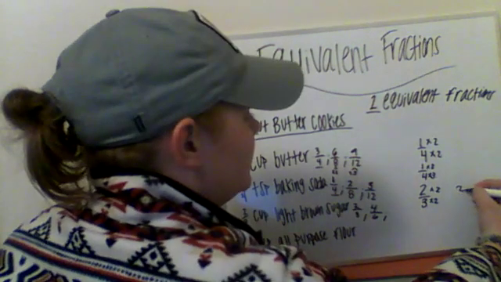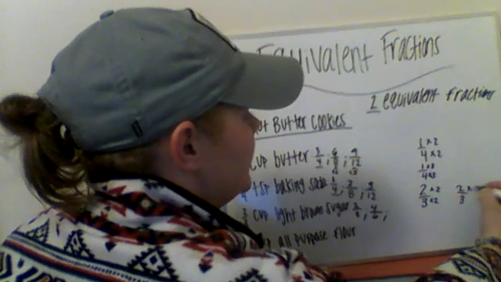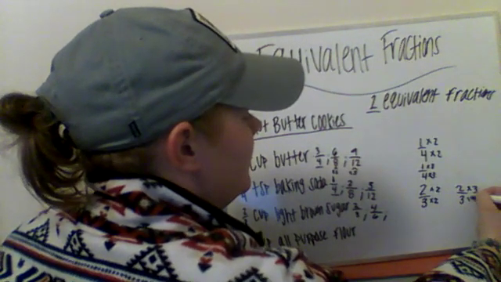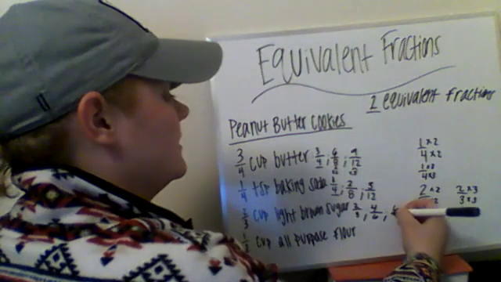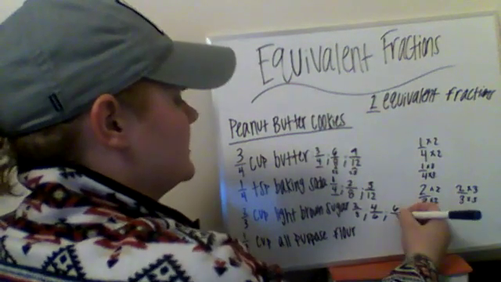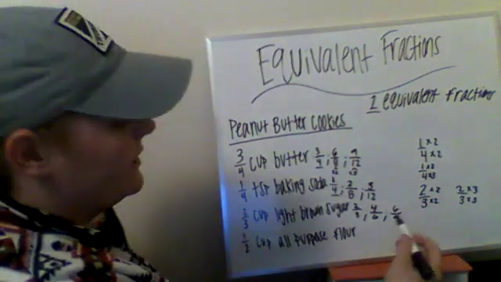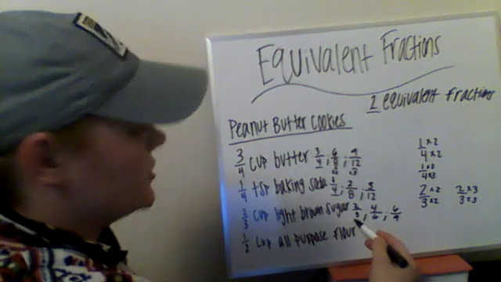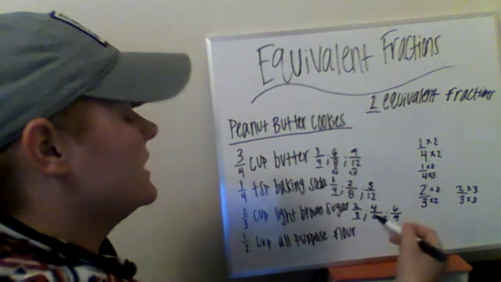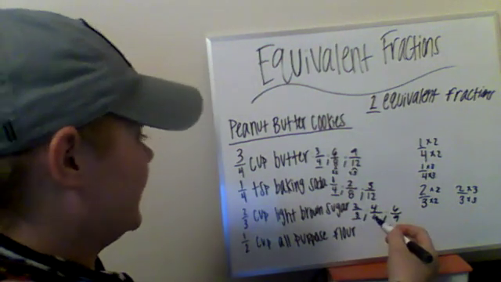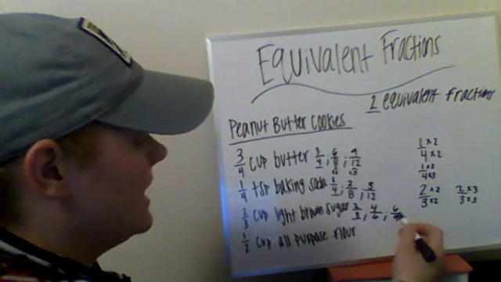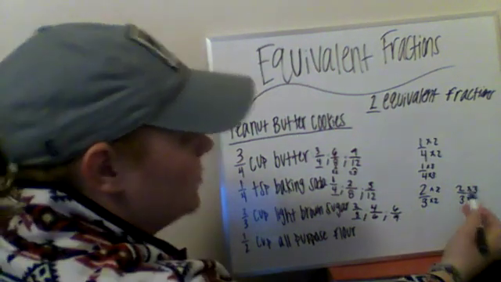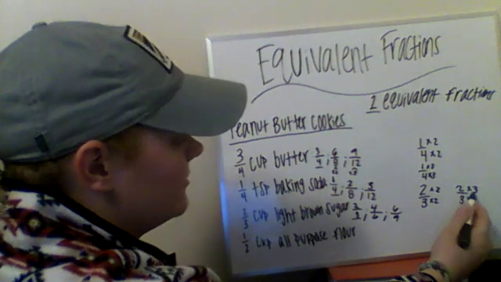Okay, then if I multiply my numerator and denominator by 3, 2 times 3 is 6. 3 times 3 is 9. Then my equivalent fractions for 2/3 are 4/6, because I multiplied my numerator and denominator by 2, and 6/9 because I multiplied my numerator and denominator by 3.